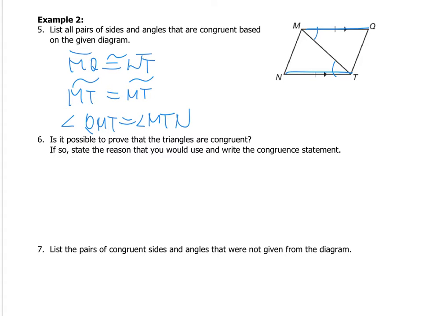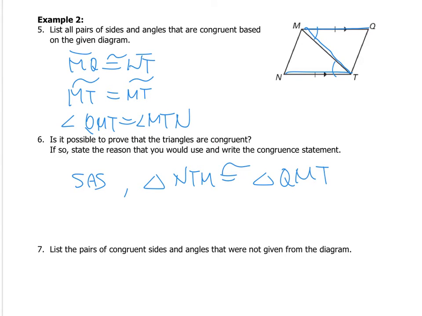And now we just created, look at that, two sides sandwiching an angle in between. So we have an SAS situation. By SAS, we have two congruent triangles, NTM and QMT.